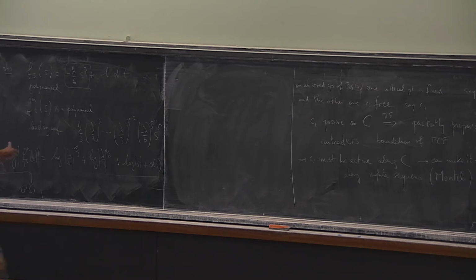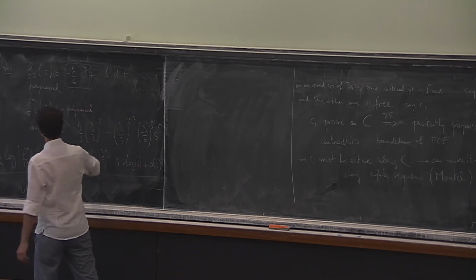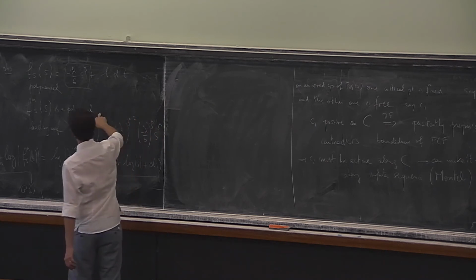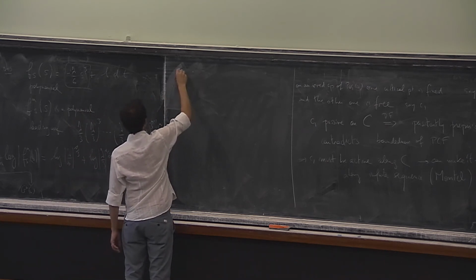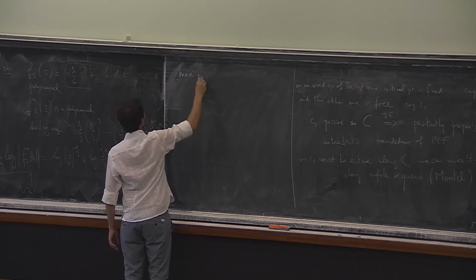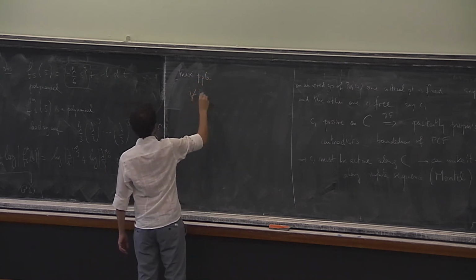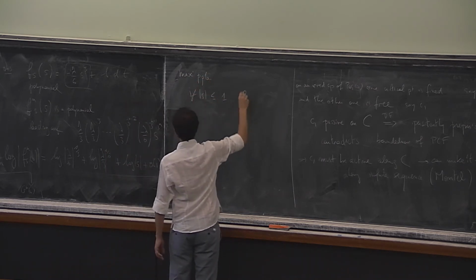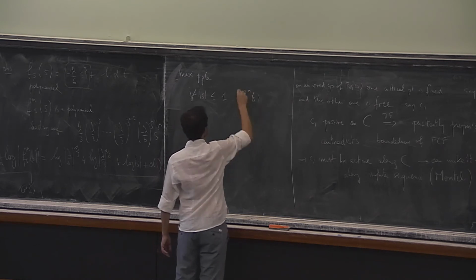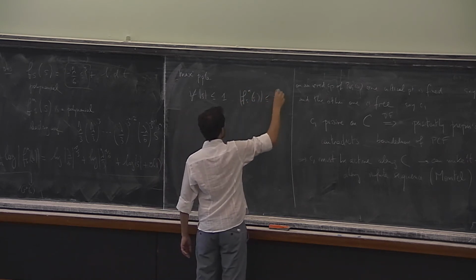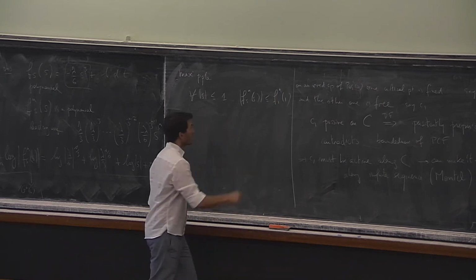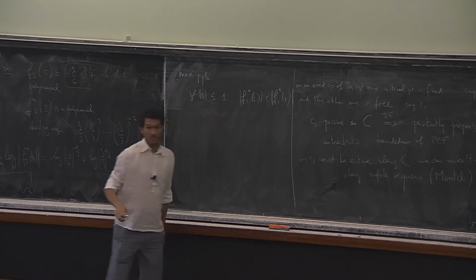Now, if I want to look at 0, in 0 it's easier, because f is a polynomial. So you see that by the maximum principle, for every s less than 1, fsn of s is less than f1n of 1. Okay, just because it is a polynomial.